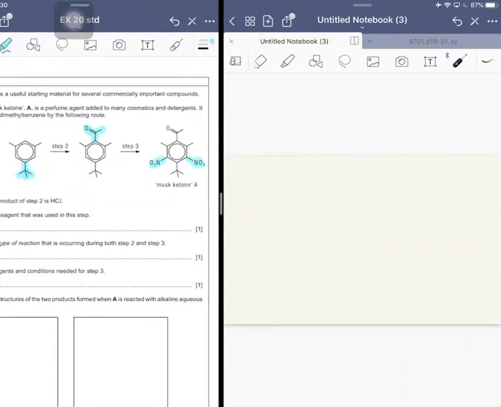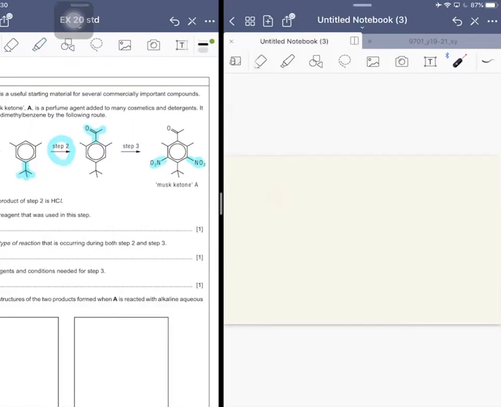Suggest the reagent that was used in this step, the only byproduct of step 2. So you want to know the reagent needed for that step. Notice that the pink highlighted item is the thing that has been attached to the benzene ring. If I draw it out, it looks like this, maybe a little more realistically.